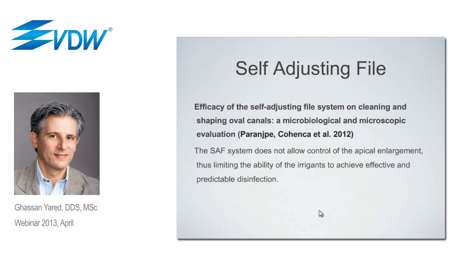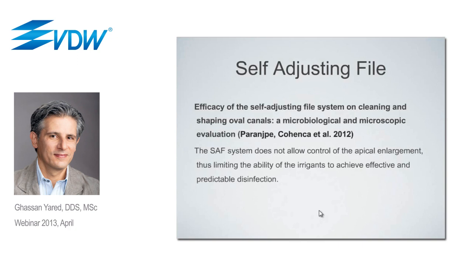Now, it is only fair to talk about the SAF instrument when we talk about single file reciprocation. I think you are familiar with the SAF instrument, the self-adjusting file. For me, the major issue with the self-adjusting file is that before using the SAF, we have to create a glide path to a size 20 or a size 30 hand file.